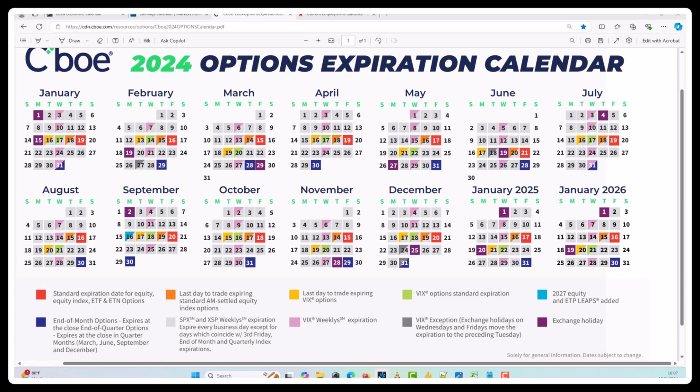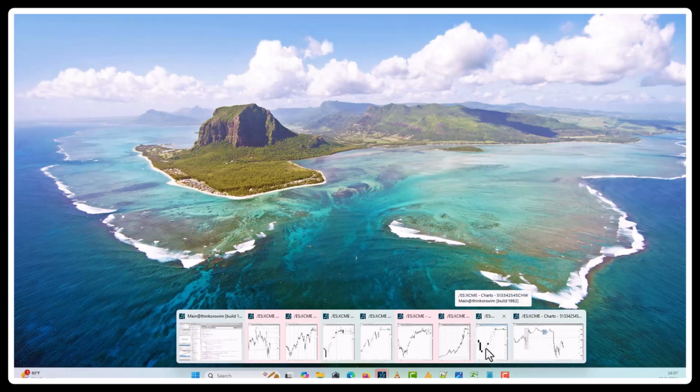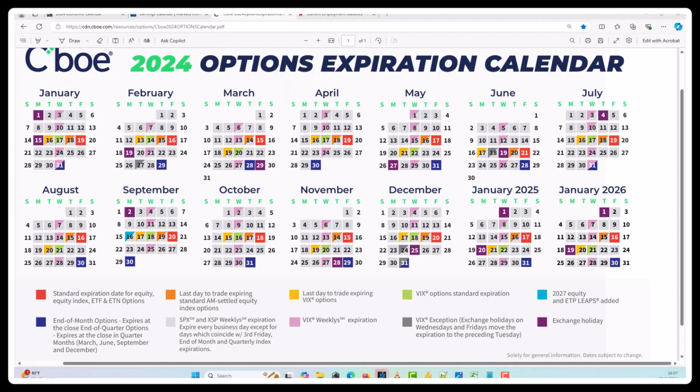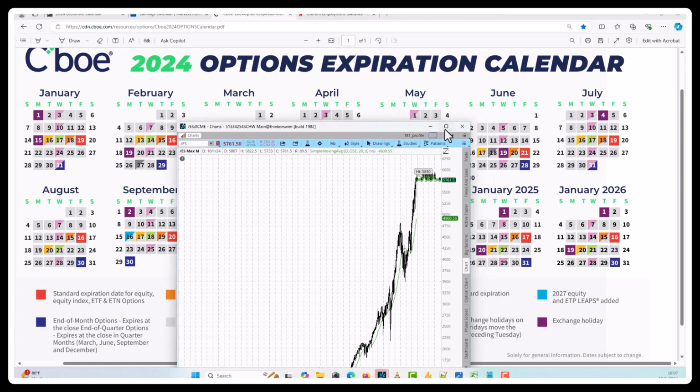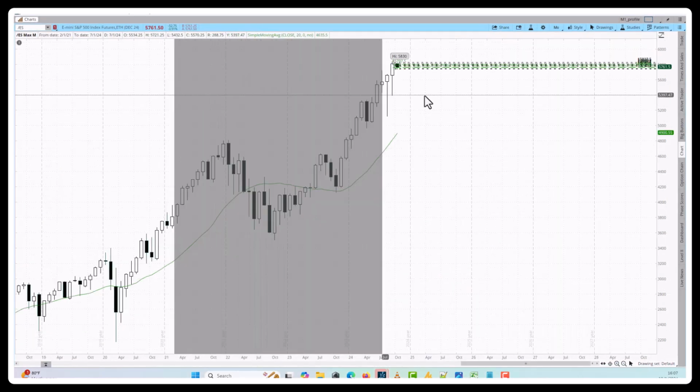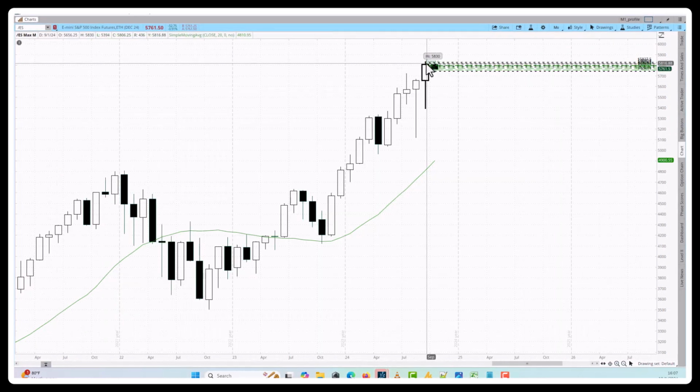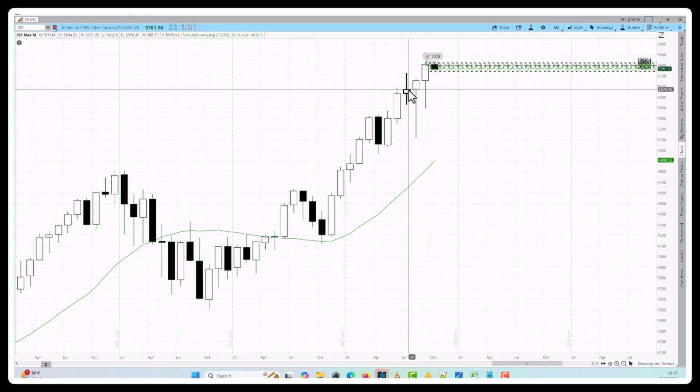Let's look at the month. So here's the month of December right there, and this August is a huge sell off, but it kind of flipped right there.